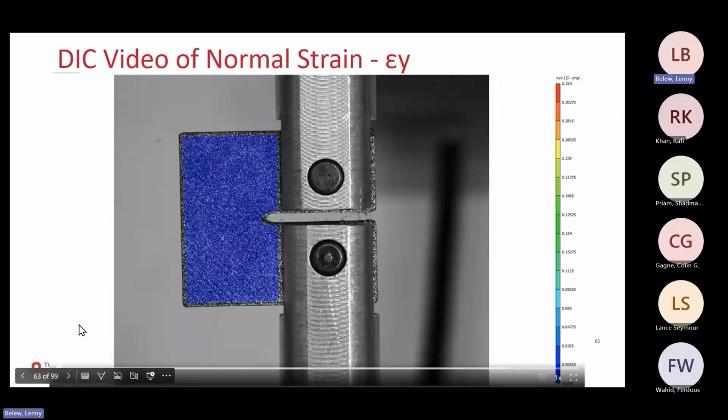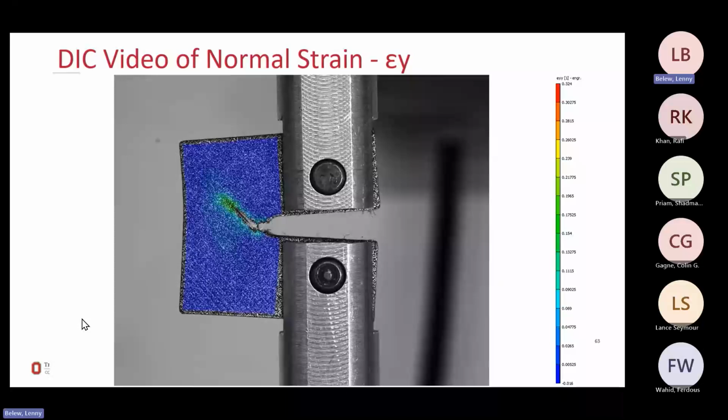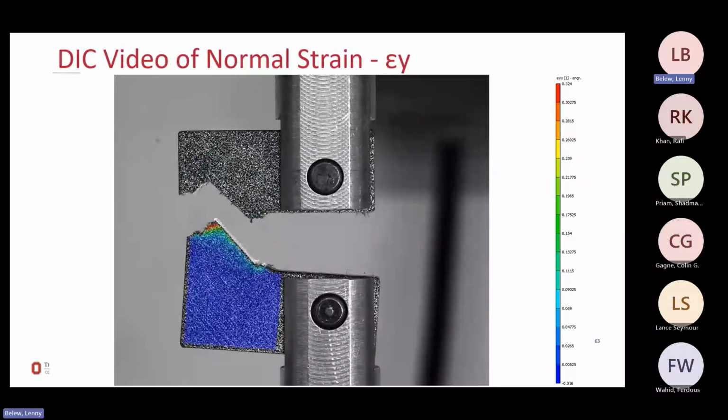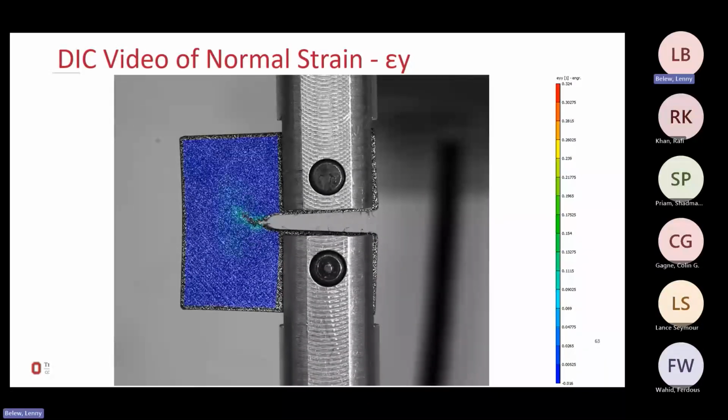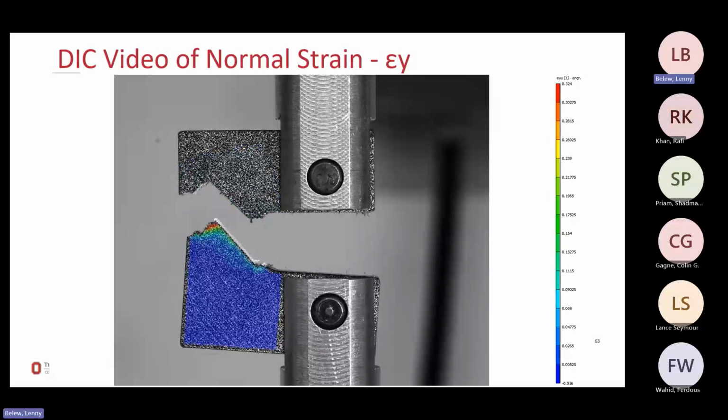Here is the video of the normal strain. Once again, same exact video, just with the contour put over it for the normal strain. That runs pretty quick, so we'll play it again. You can see very similar behavior compared to the principal strain.